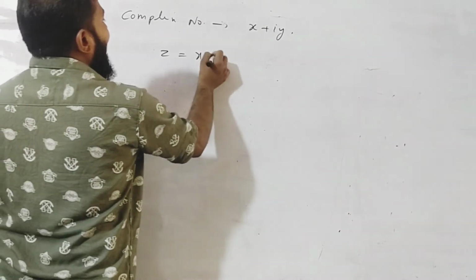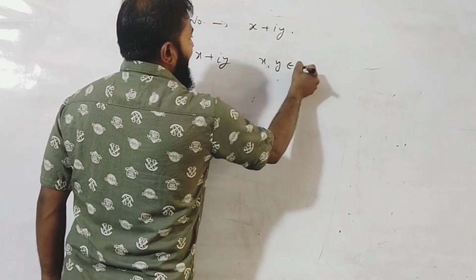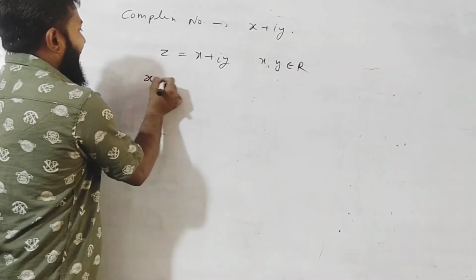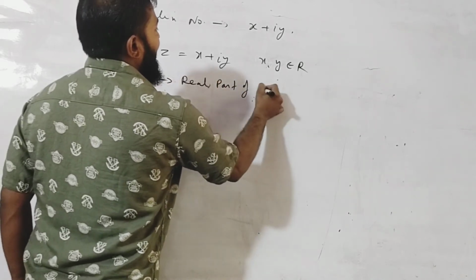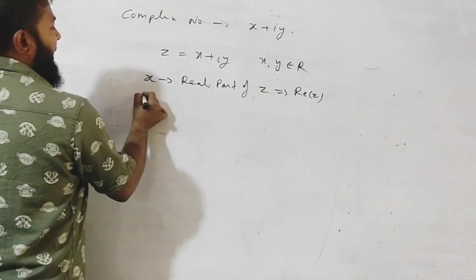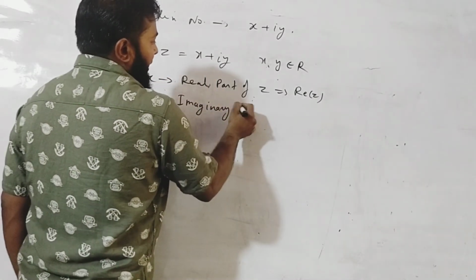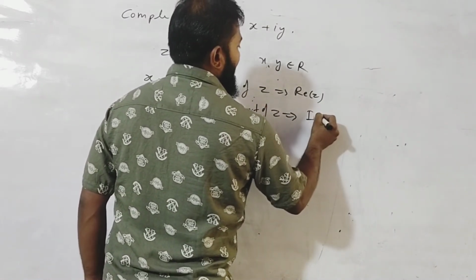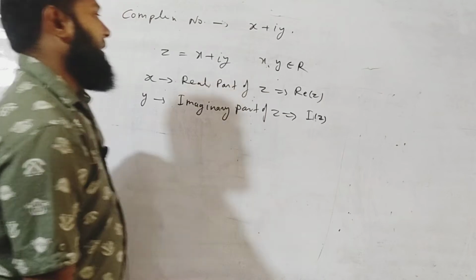It means z equals x plus iy. Here x, y belong to real numbers, x and y both are real numbers, and x is called the real part of z, denoted by Re(z), and y is called the imaginary part of z, denoted by Im(z).